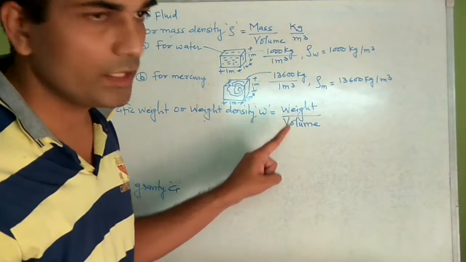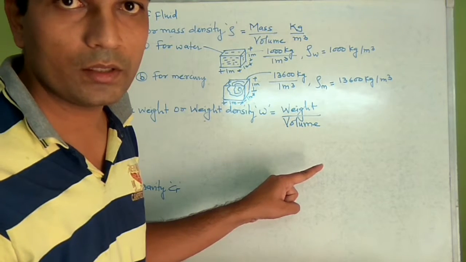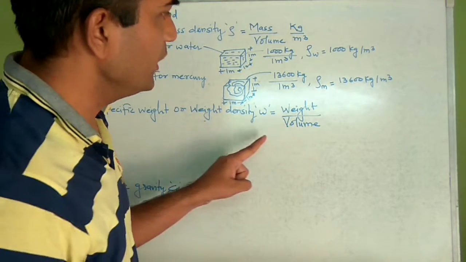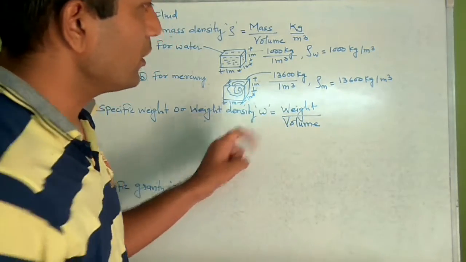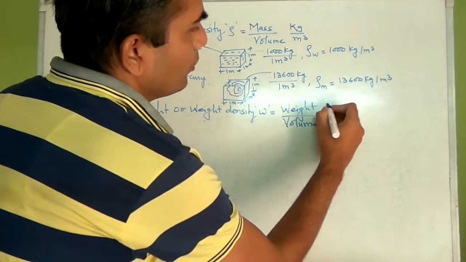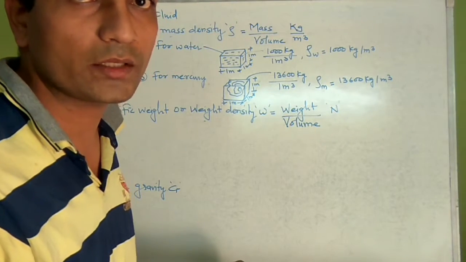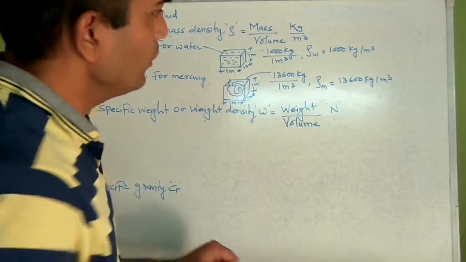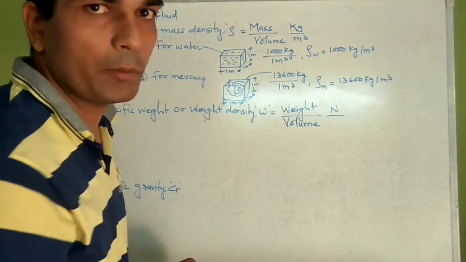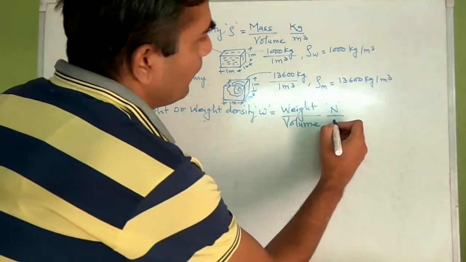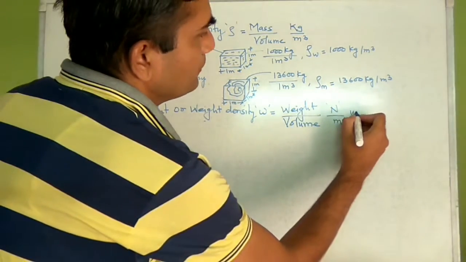And if weight is related to acceleration due to gravity, it can be measured in newtons also. Why? Because force is equal to mass into acceleration, so that is the unit of force. Or we may also say weight is a type of force, so newton per meter cube is the unit.